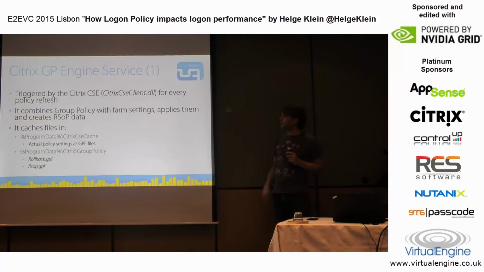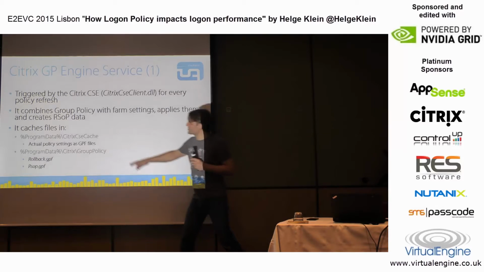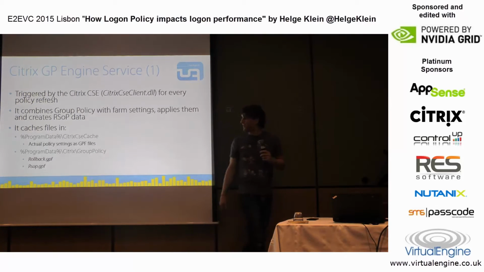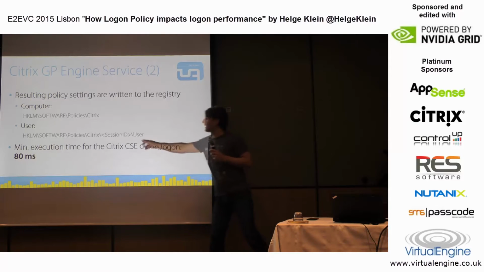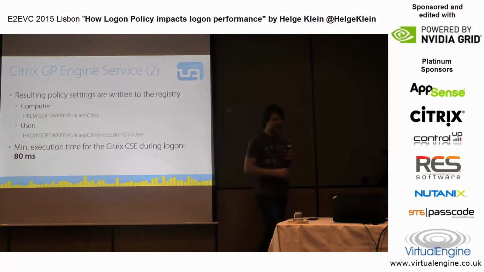Now this service combines the farm settings that were cached in that file in the file system we saw just now, and it merges that with settings configured in the domain, in Active Directory. It caches a few files in these areas, and then writes the computer settings, as you can see, to HKLM, software policy Citrix, and user settings also to HKLM, interestingly, but to the part that has the user session ID in it.